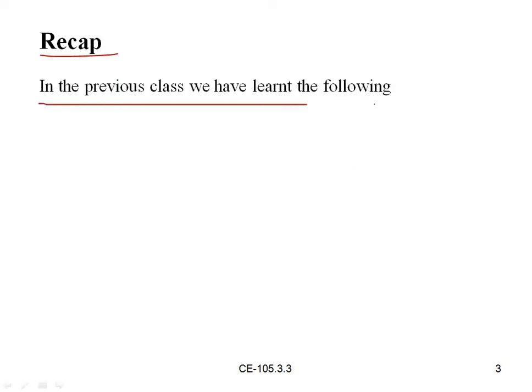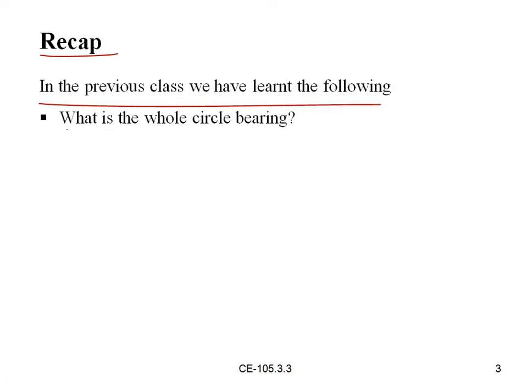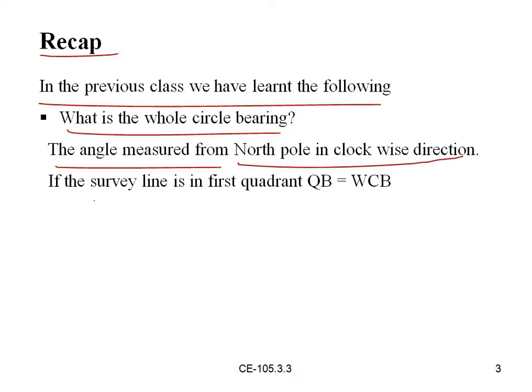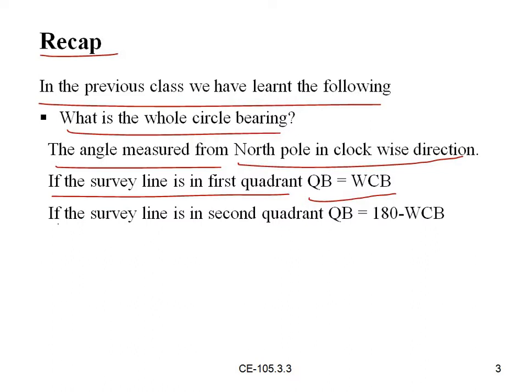Let us recap what we learned in the previous class: what is whole circle bearing, the angle measured from north in the clockwise direction. If the survey line is in the first quadrant, quadrantal bearing is equal to whole circle bearing. If the survey line is in the second quadrant, quadrantal bearing is equal to 180 degrees minus whole circle bearing.